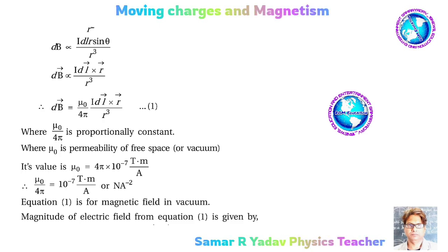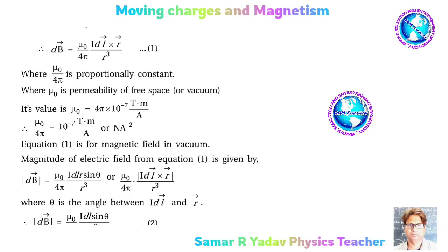Equation 1, where mu0 upon 4 pi is the proportionality constant, where mu0 is the permeability of free space or vacuum. Its value is mu0 equal to 4 pi into 10 to the power minus 7 Tesla meter per ampere. Therefore mu0 upon 4 pi is equal to 10 to the power minus 7 Tesla meter per ampere or Newton into ampere raised to minus 2. Equation 1 is for magnetic field in vacuum.